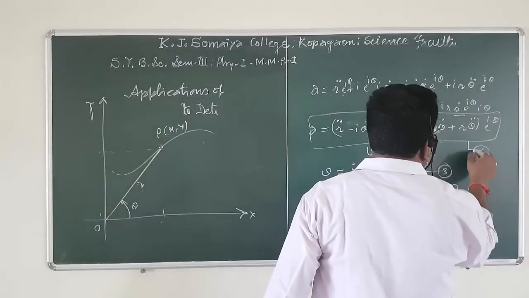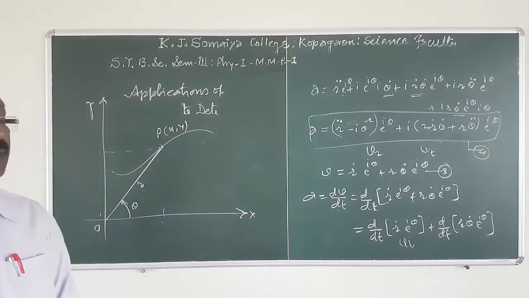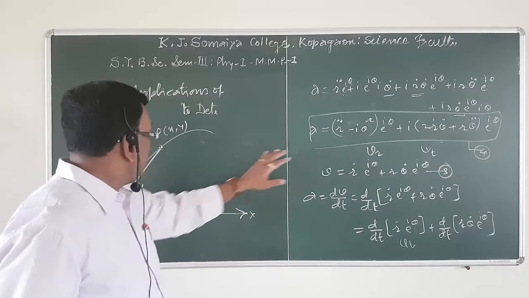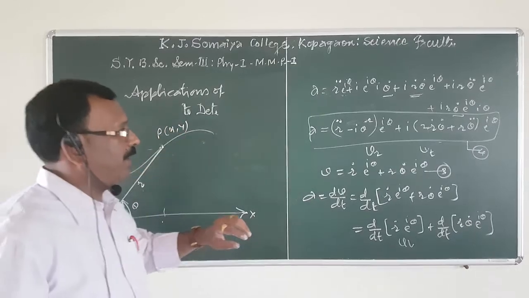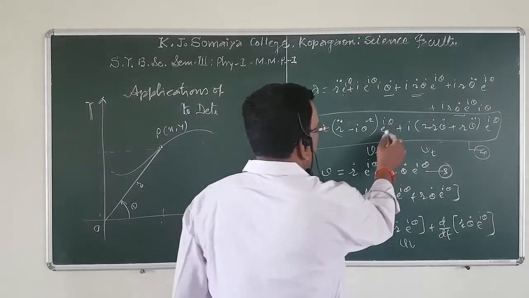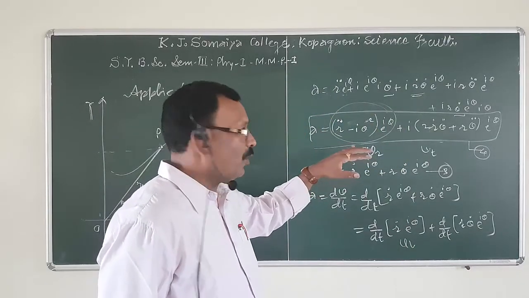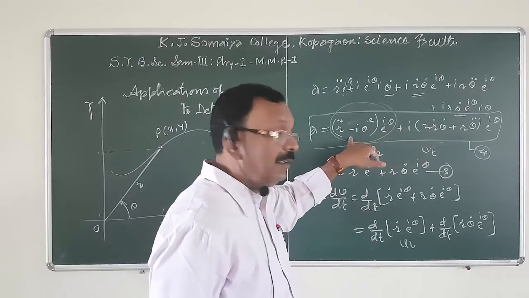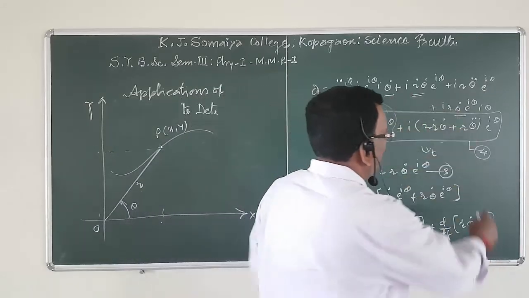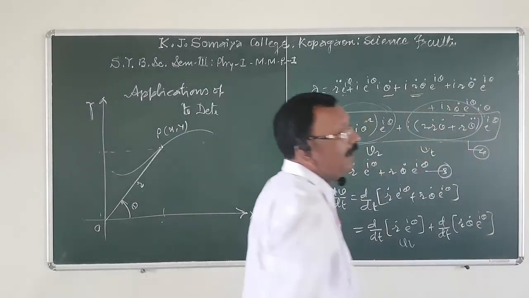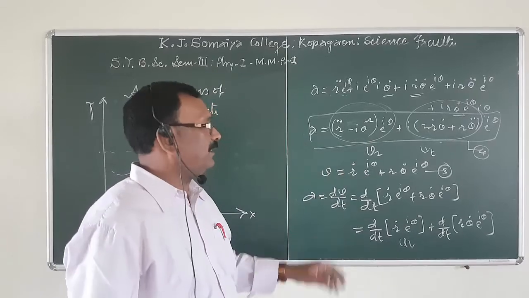This equation 4 represents or gives the complex acceleration of the particle moving along the curve on xy plane. In this equation, this is the radial component of complex acceleration, and this bracket represents the transverse component of complex acceleration.